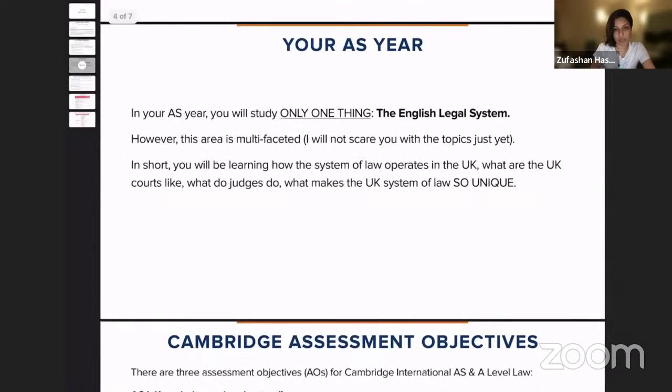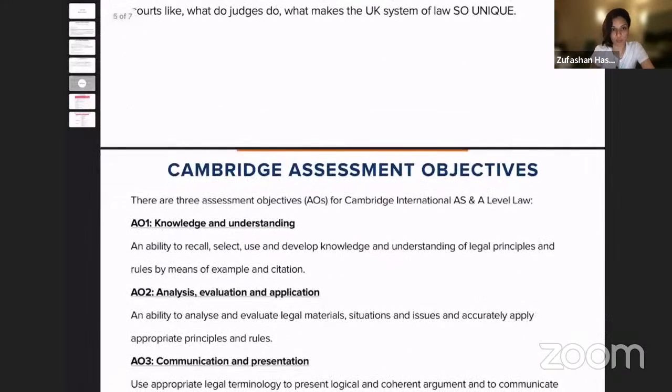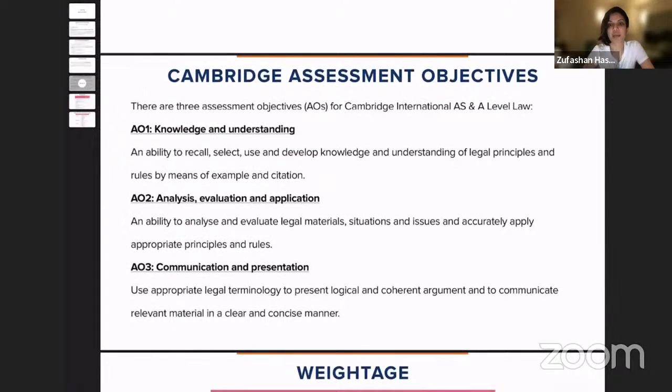Now I want to go over, from a purely examination perspective, what CIE's objectives are in this examination. This is important because you will see a lot of this coming up in your exam questions. Knowledge and understanding is what we spoke about. This makes up 50% of your actual grade in the course: how you can recall and use information, develop your knowledge, and understand the principles.